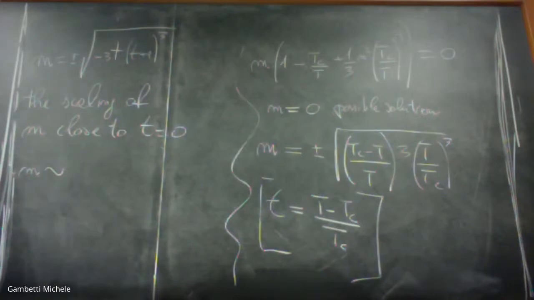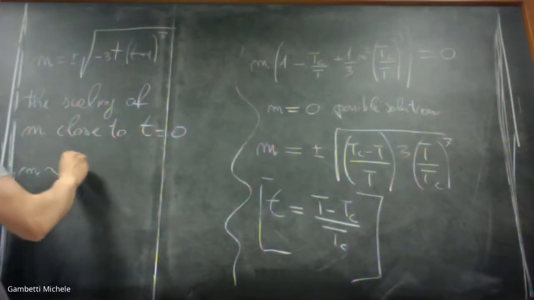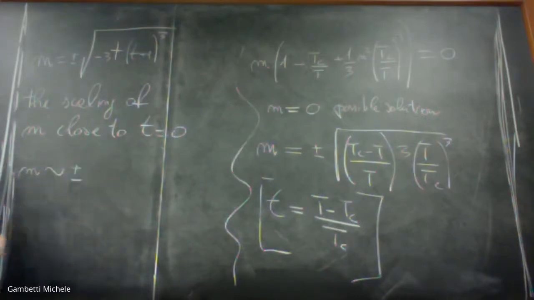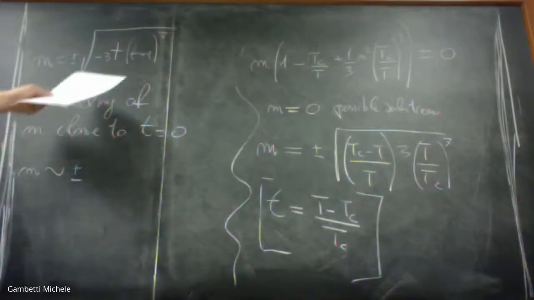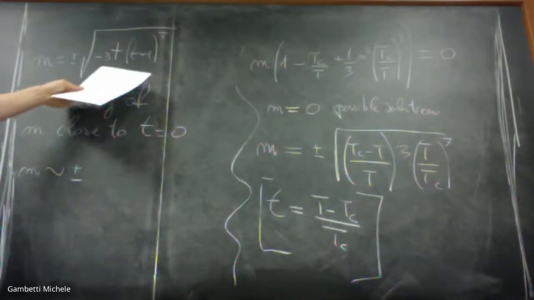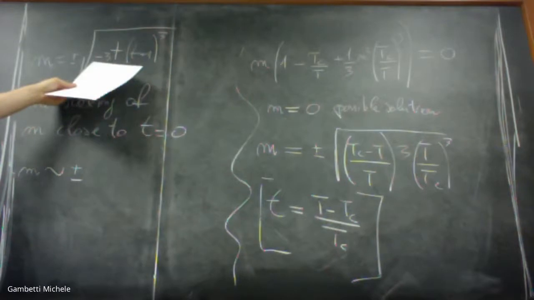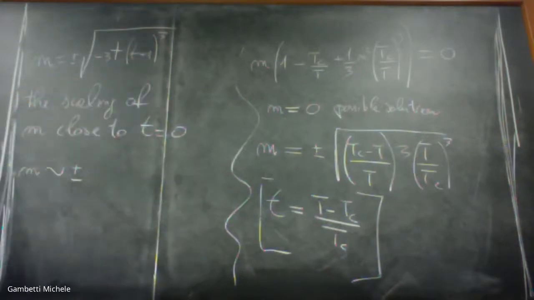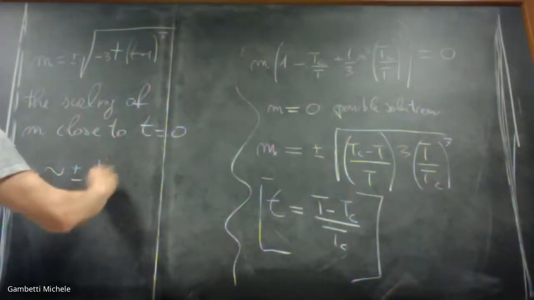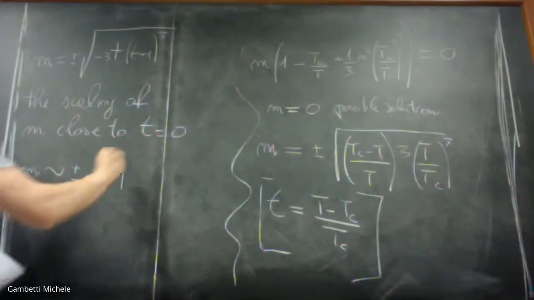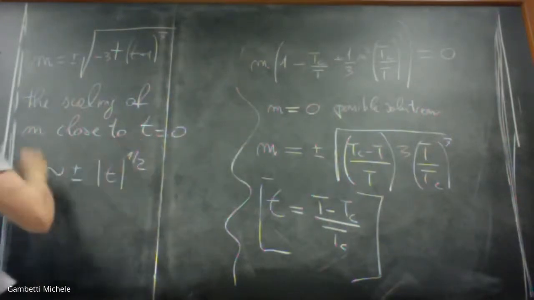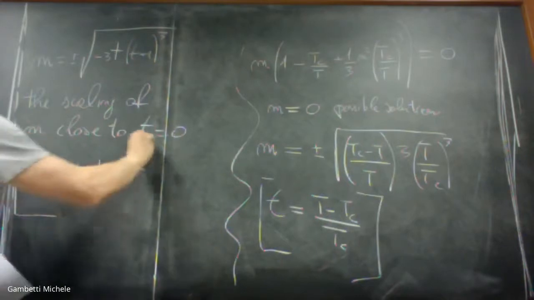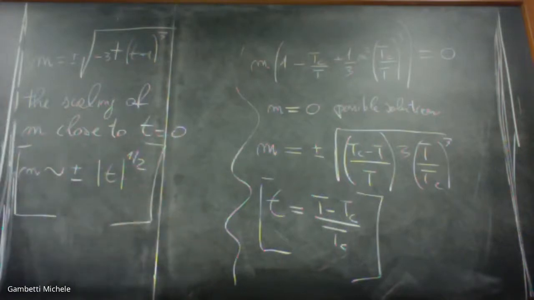The scaling of M is plus minus, let me put absolute value, the absolute value of T to the power of 1 half.